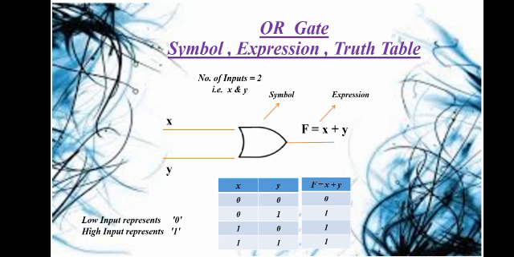It means if any of the inputs is 1, it will give you output 1. But if both the inputs are low, it will give you 0. As low is represented with 0, in the first row you can see both inputs X and Y are 0, so it gives output 0. But in the rest of the rows, one of the inputs is 1, so it gives you output 1, and this is the truth table of the OR gate.